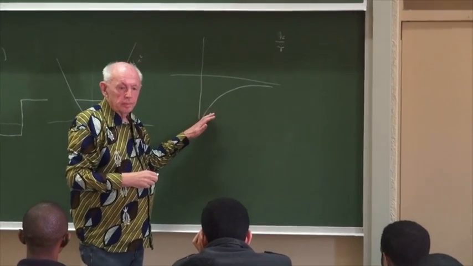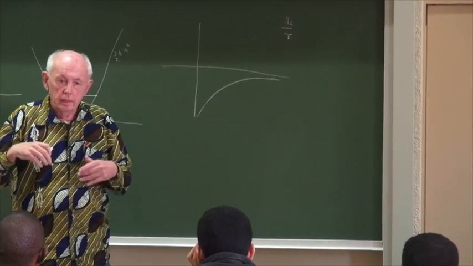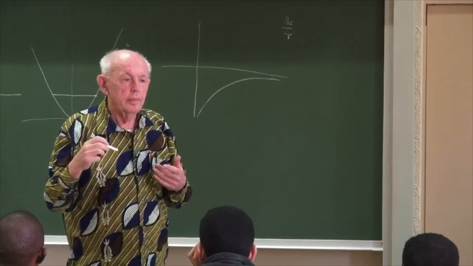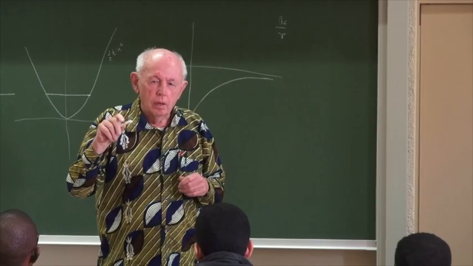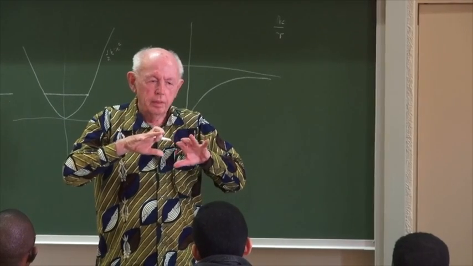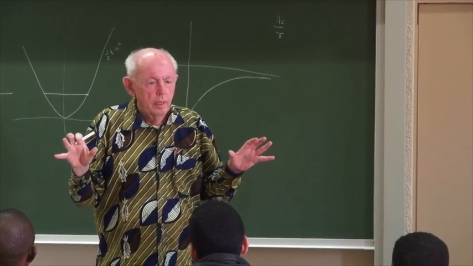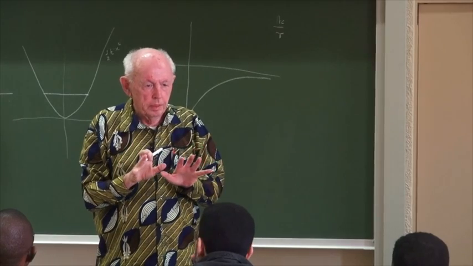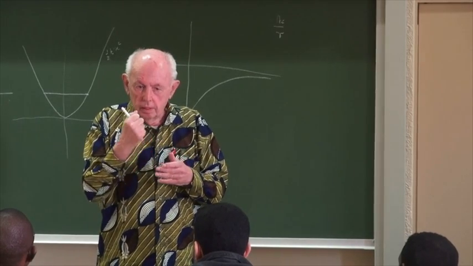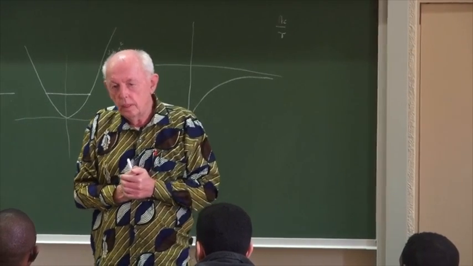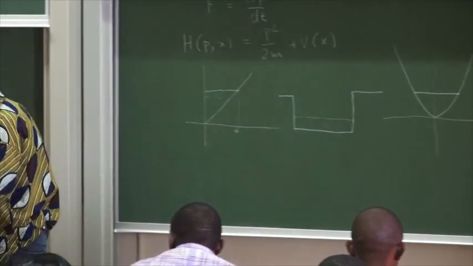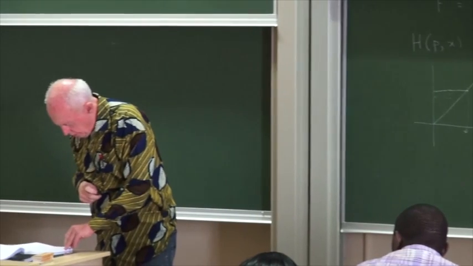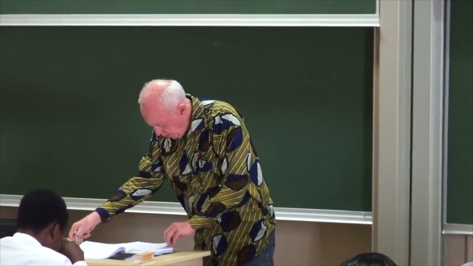That looked like this, and we then discussed how we can make this 3-dimensional problem an effective 1-dimensional problem by looking at the conservation of momentum. Now, this is about all we did so far.